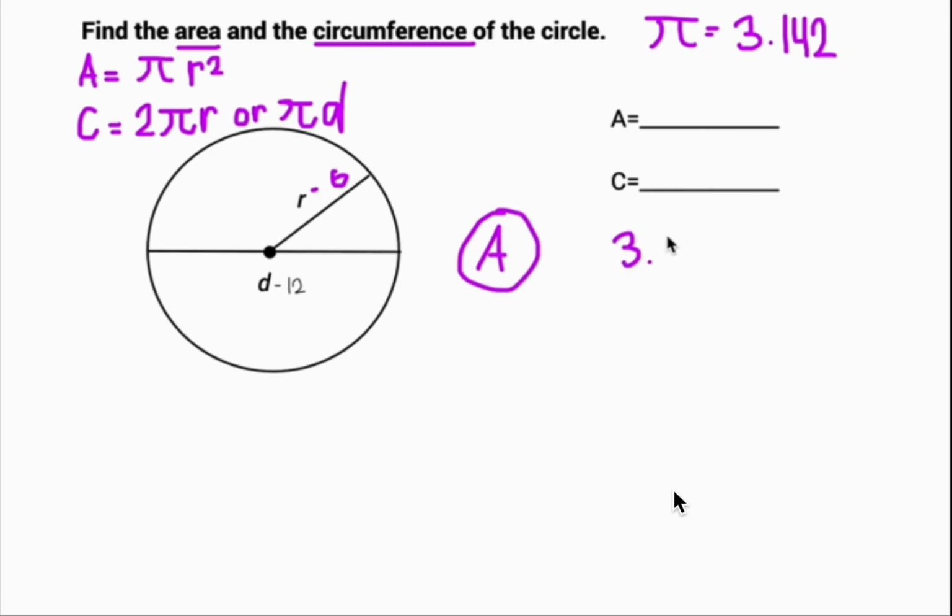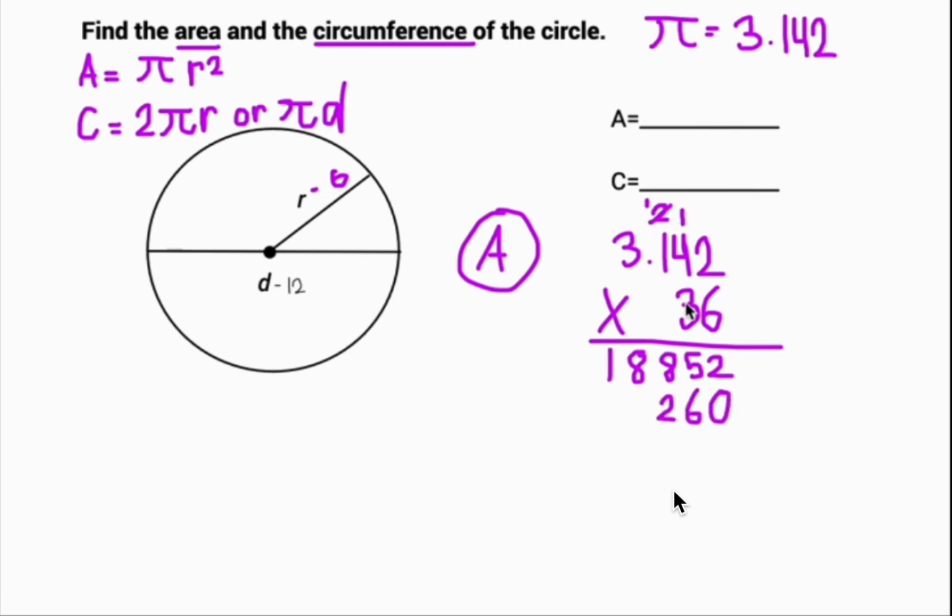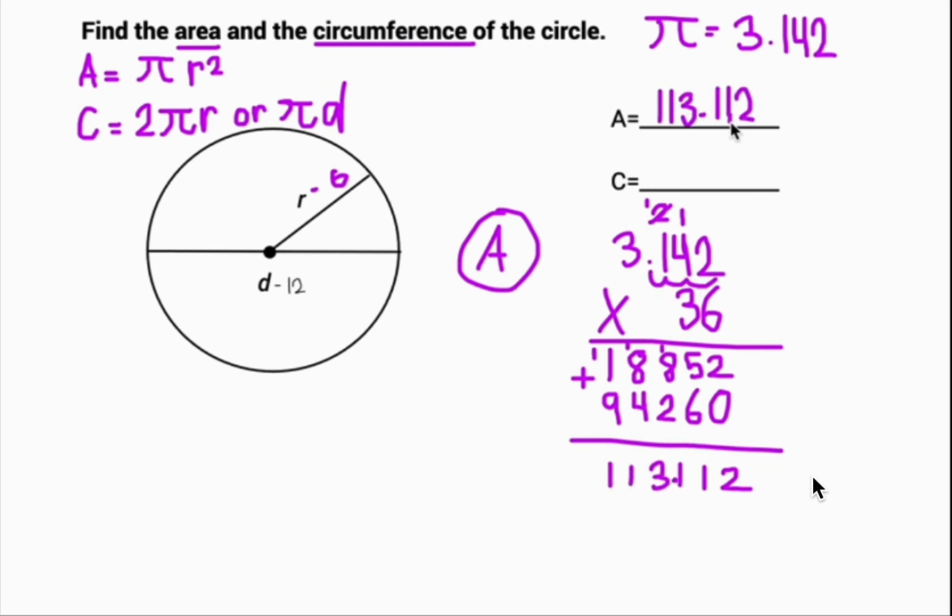All we have to do is multiply 3.142 by 36, and we will get our answer for the area. So our answer will be 113.112 centimeters squared. That will be our area for the circle.